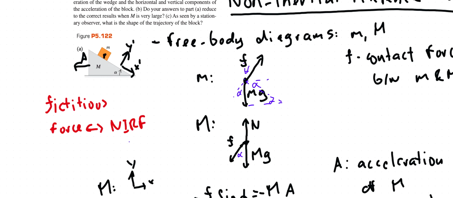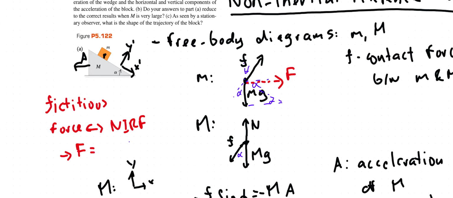Now, what am I going to call my fictitious force? Well, small f is already taken. So I'm going to say capital F is my fictitious force. And so we have a fictitious force F acting this way. It's in red because it's fictitious, and it has to offset the acceleration capital A to the left.